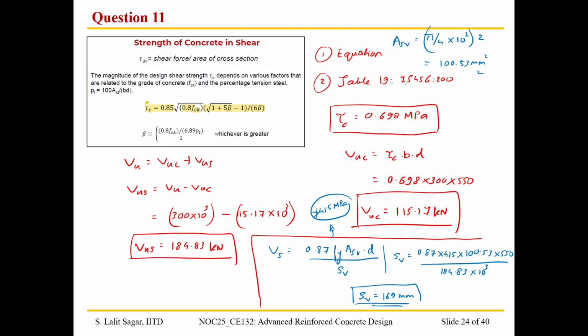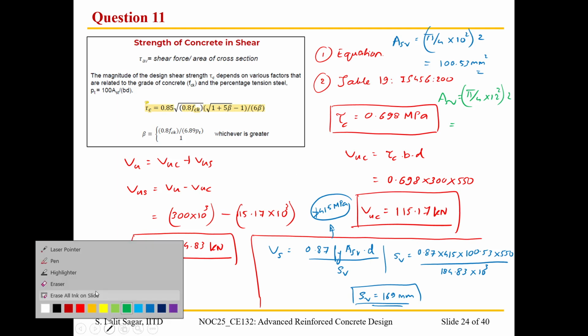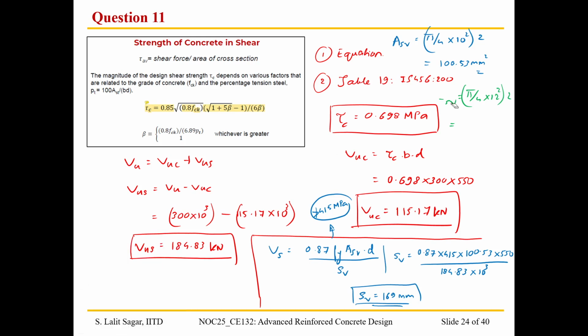For 12 mm, ASV is equal to pi by 4 into 12 square into 2, that is 157. Oh, I'm sorry, I think I made a mistake over here. I'm very sorry. For 12 mm it is 242 coming.